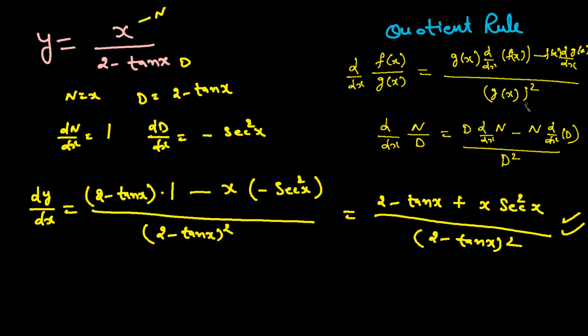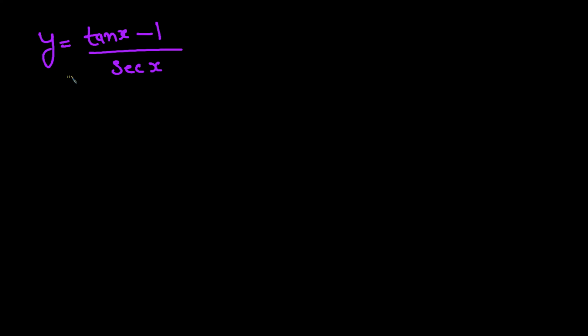Okay, so one more time, the quotient rule says the derivative of, let's say, numerator over denominator is denominator times derivative of numerator minus numerator times derivative of denominator, divided by the square of the denominator. Okay, so let's go to the next problem, which is y is equal to tangent x minus 1 over secant x.